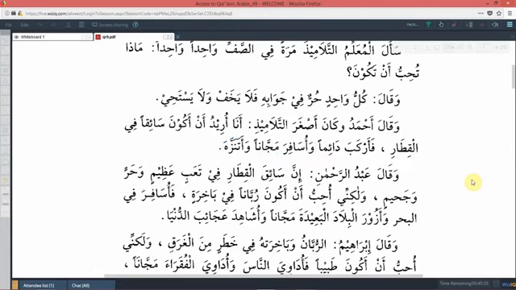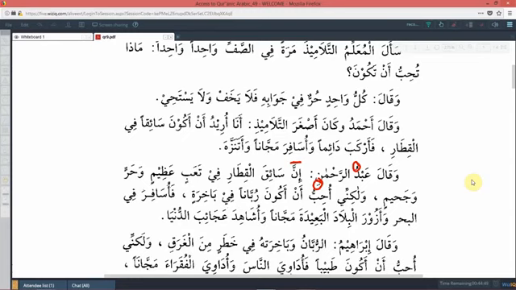وقال عبد الرحمن. عبد الرحمن, Abdu is our fa'il here. Abdu is our fa'il, مرفوع. عبد الرحمن. الرحمن مضاف إليه مجرور. عبد الرحمن, he said, إن سائق القطار في تعب عظيم وحر وجحيم. He says inna, which is a particle of emphasis, but it also makes the noun following it mansub.